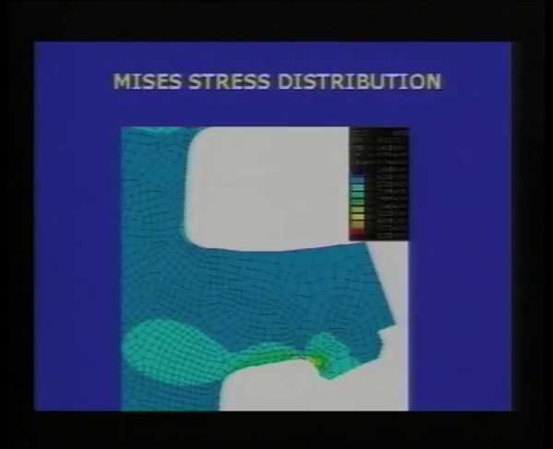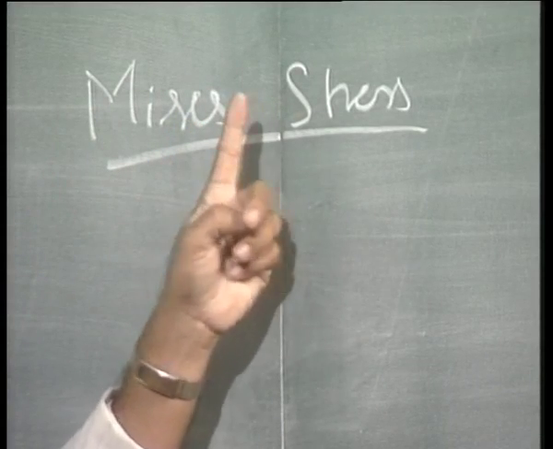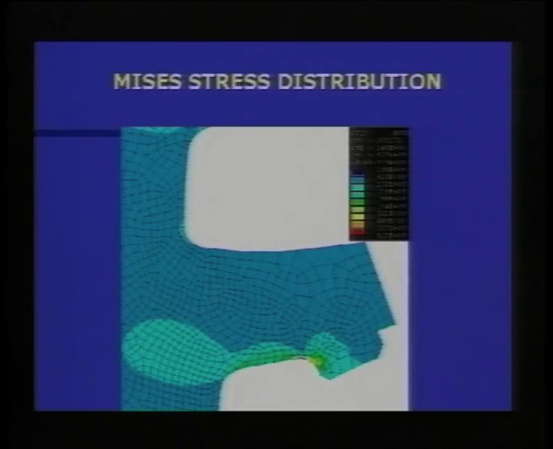Again, see clearly that it is the Mises stress distribution. In other words, it is possible, and I will explain the theory, to get one equivalent stress, called the Mises stress, and then compare it with the yield strength.